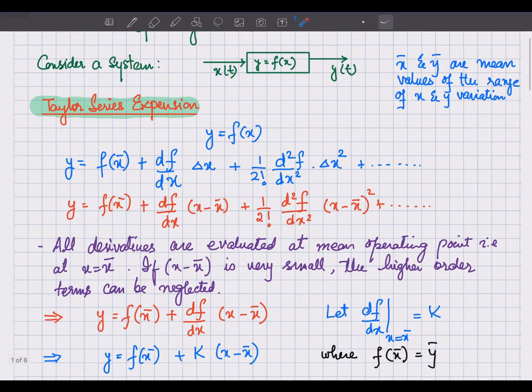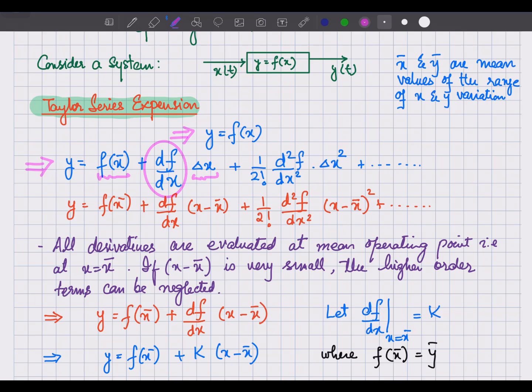Okay, so now considering the system y is equal to f of x, let's expand this with the help of the Taylor series. We can write this function, y is equal to f of x, with the help of the Taylor series like this: y is equal to f of x bar, the function evaluated at the operating point, plus the derivative of the function with respect to the variable times delta x.